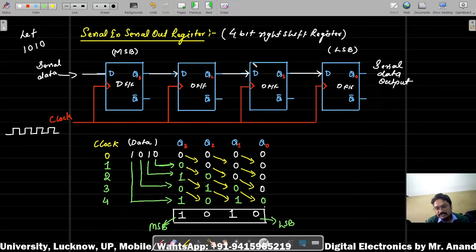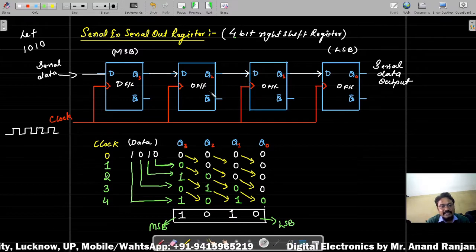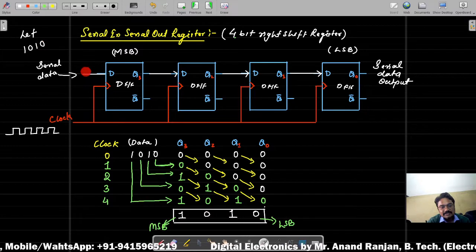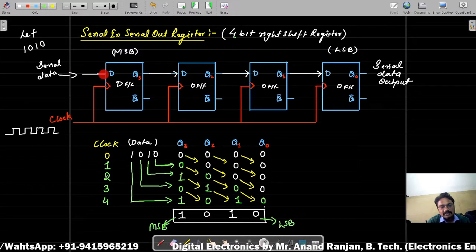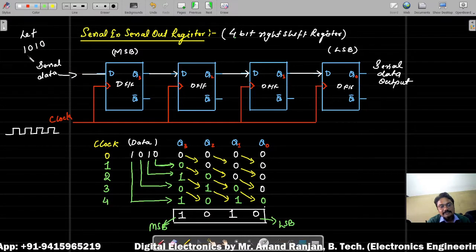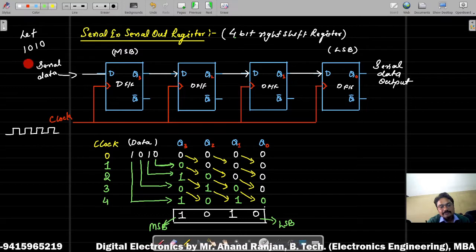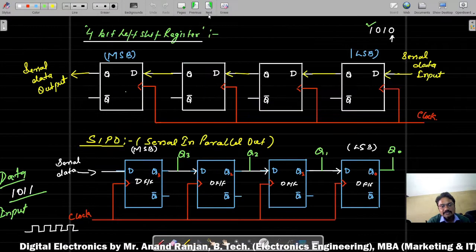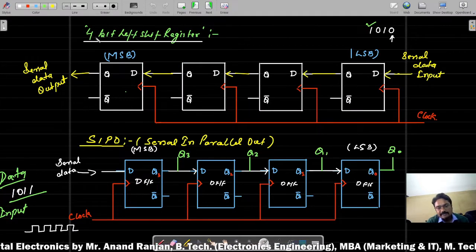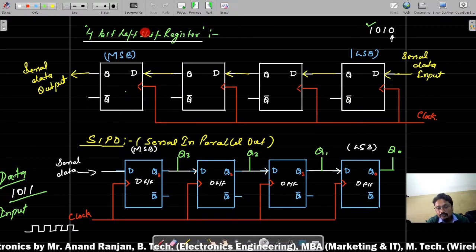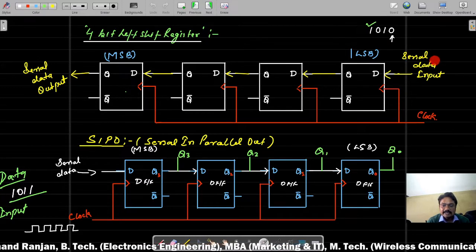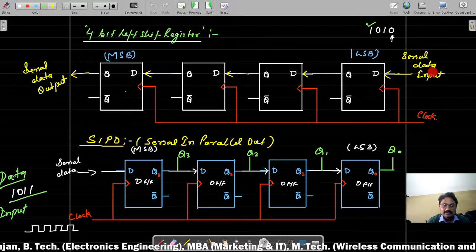If you change the direction of data flow, what happens? Initially you put the LSB part first through this input terminal. If you put the MSB part first, then the direction of data will change. You can observe in this diagram the 4-bit left shift register, in which the serial data is input from the left direction.